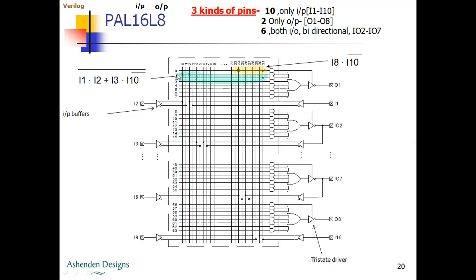Now if you see the horizontal line 1, it is connected to vertical line 0 and vertical line 2. Understand this. This will implement the product term I1 dot I2.